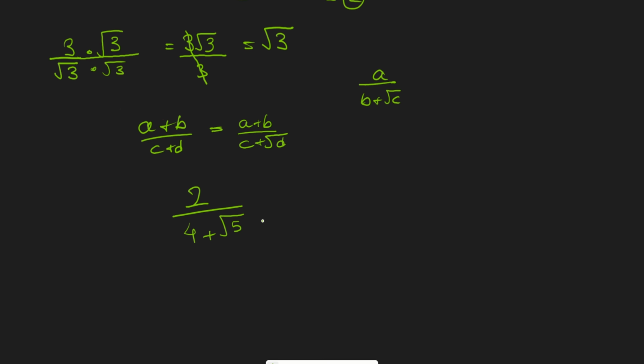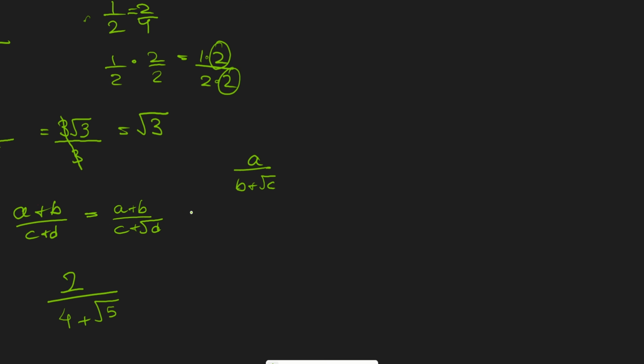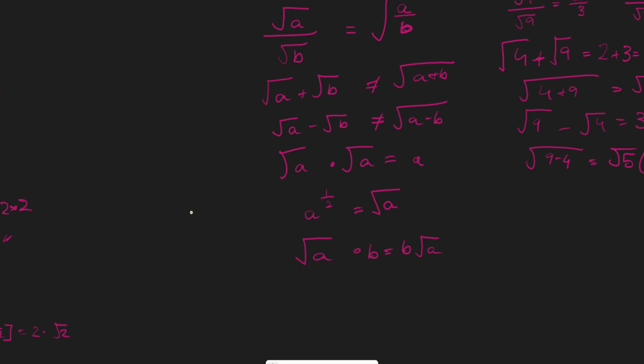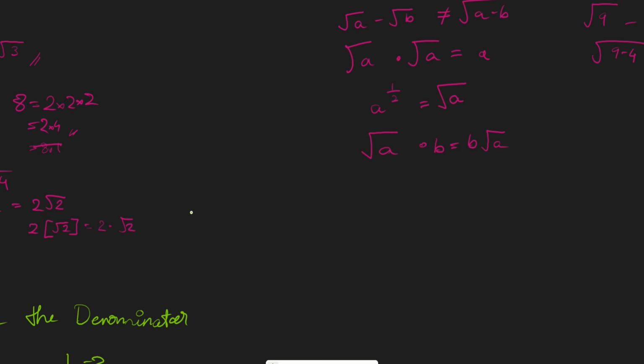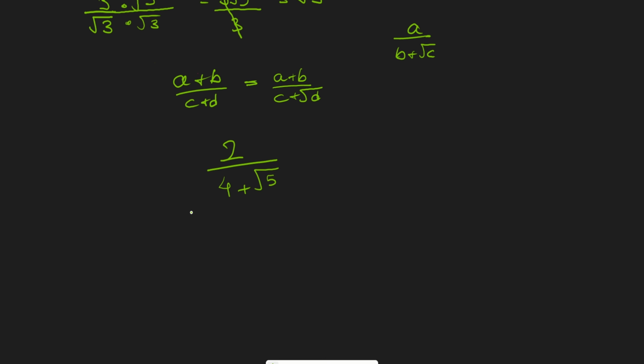Now when we look at something like this, none of our rules seem to apply, because we said addition, you can't take that under the root. Writing root 16 plus root 5 is not the same as root of 16 plus 5, so root 16 plus root 5 is not the same as root 21.